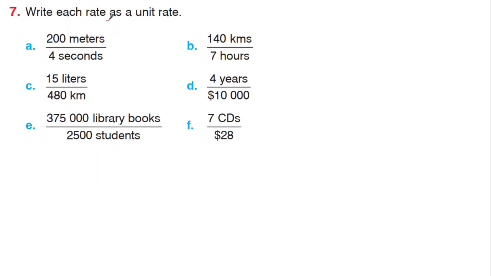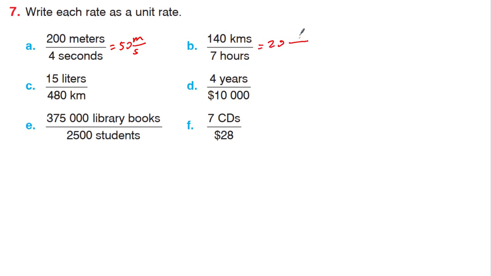Write each rate as a unit rate. Well, writing it as a unit rate means the denominator should be 1. Practically, just divide 200 over 4. That is 50 meters per second. Under B, 140 divided by 7.